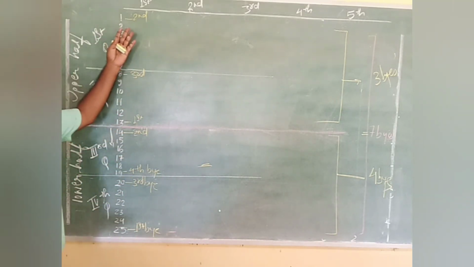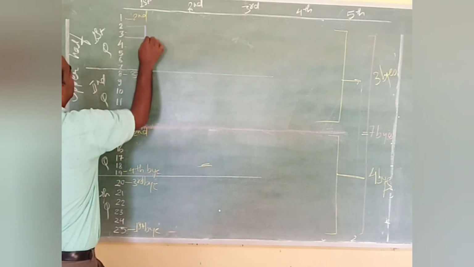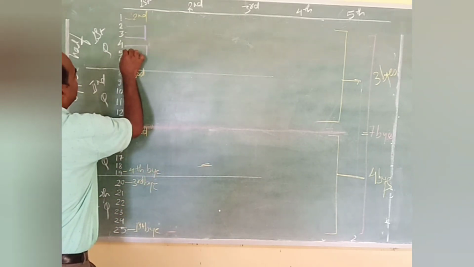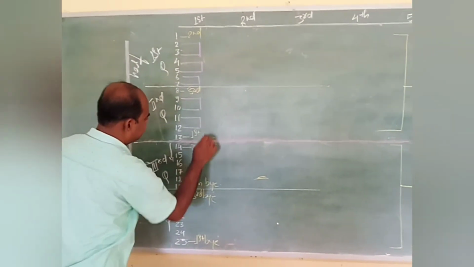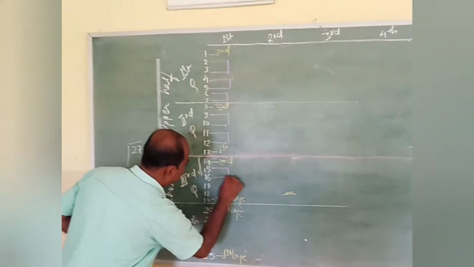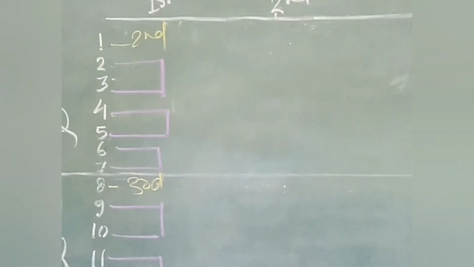Now the first round matches will be played. Number 2 and 3, 4 and 5, 6 and 7, 9 and 10, 11 and 12, 15 and 16, 17 and 18, 21 and 22, 23 and 24.